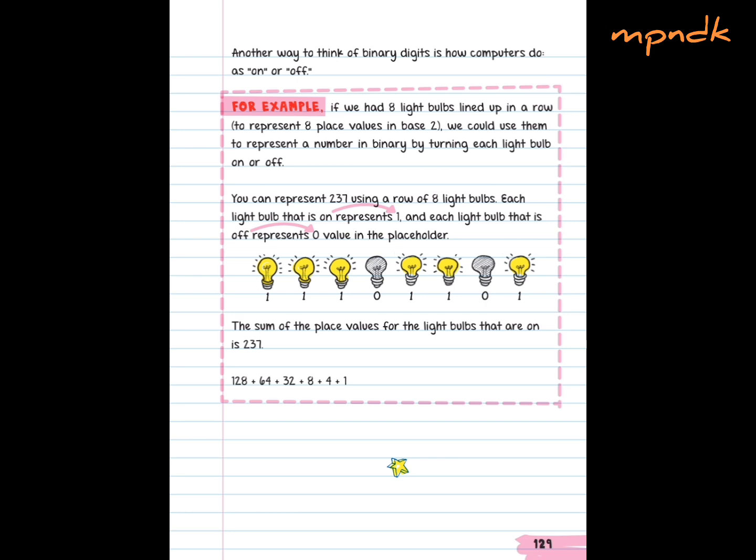Each light bulb that is on represents 1, and each light bulb that is off represents 0 in the placeholder. The sum of the place values for the light bulbs that are on is 237: 128 plus 64 plus 32 plus 8 plus 4 plus 1.